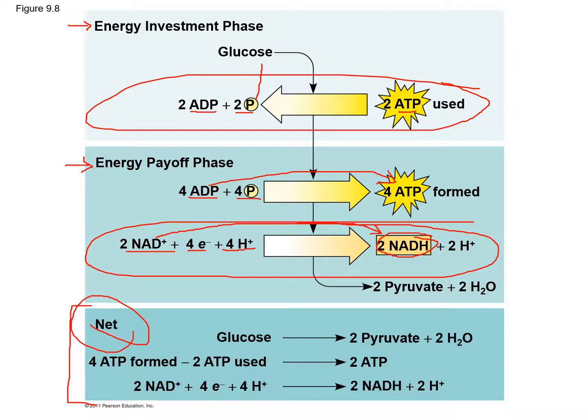As far as keeping track of what's going on overall, this is a nifty little summary down here. So glucose came in, pyruvate came out. If we're looking just at the carbons, that's where the carbons have gone. So we had 6 carbons in glucose. We now have 2 of these pyruvate molecules. Each pyruvate has 3 carbons in it. So one glucose had 6 of these little buggers.